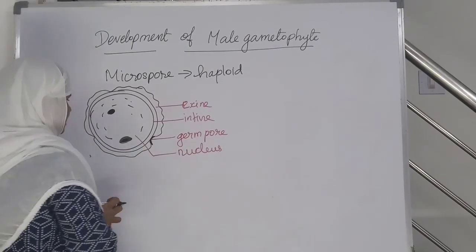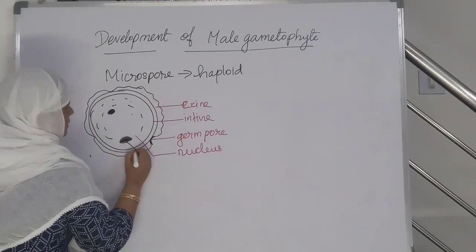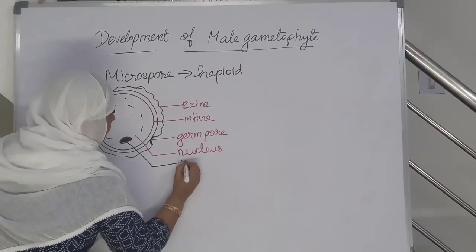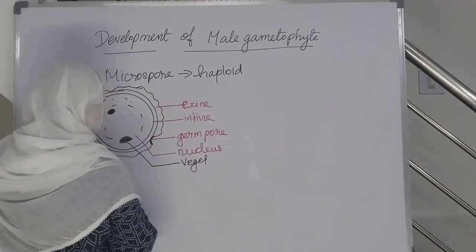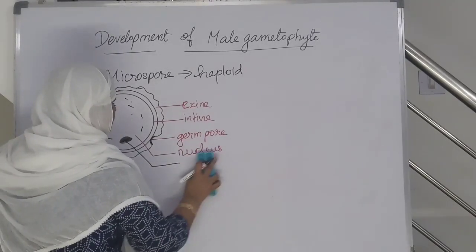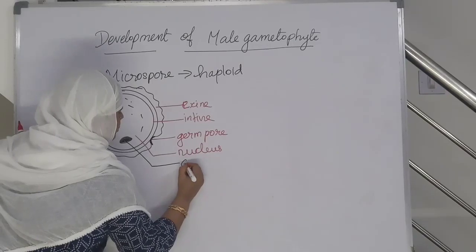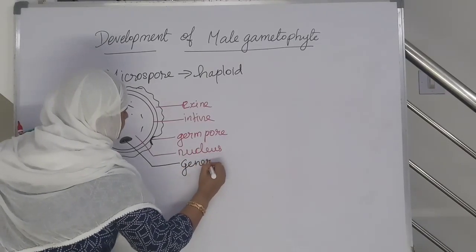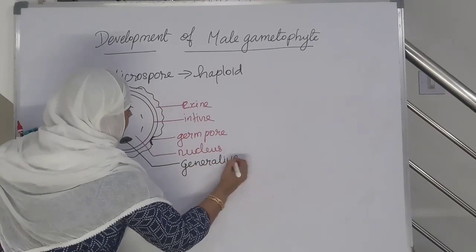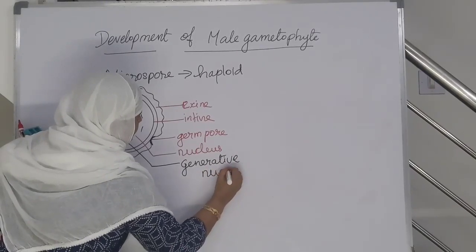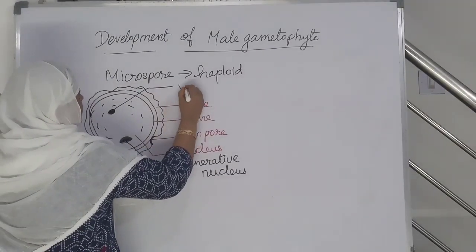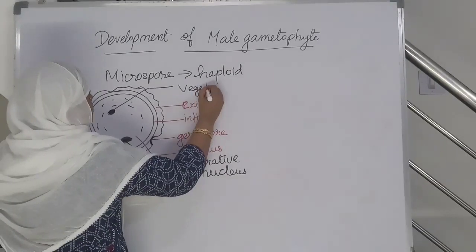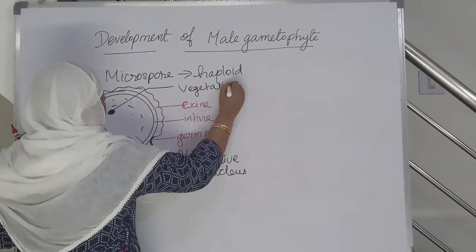One is the generative nucleus and another one is the vegetative nucleus.